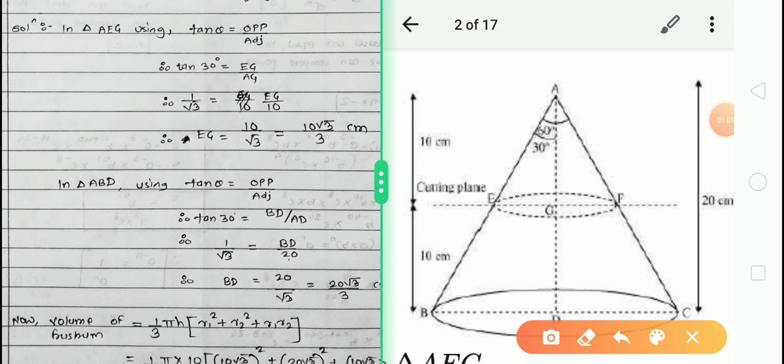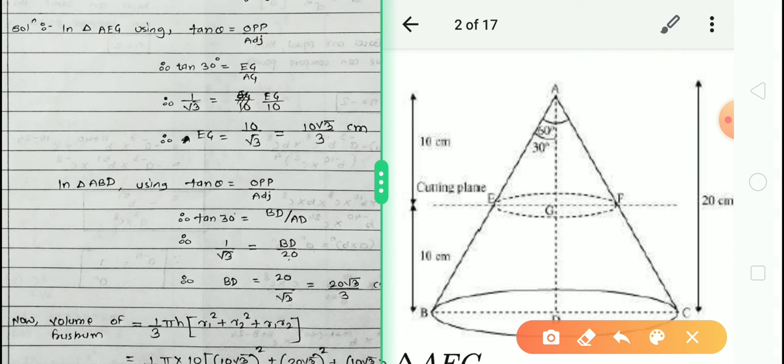So first we will find R1 and R2. So to find R1, that is EG, consider triangle AGE. Okay, so using tan theta is equal to opposite upon adjacent. Theta is 30 degree. So tan 30 is equal to EG upon AG. EG is opposite side and AG is adjacent side.